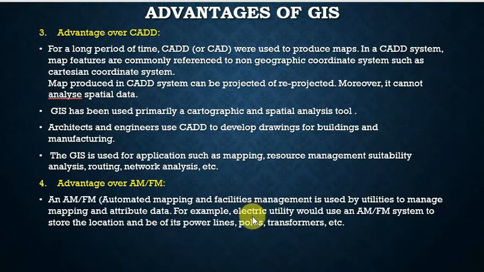For example, an electric utility would use an EM/FM system to store the location of its power lines, poles, transformers, etc.